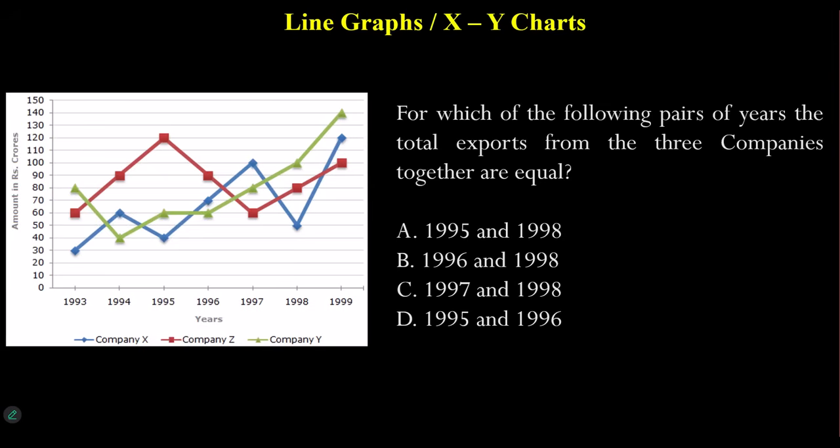For which of the following pairs of years are the total exports from the three companies together equal? You have a graph on the left side and you have to answer this question. Line graph.